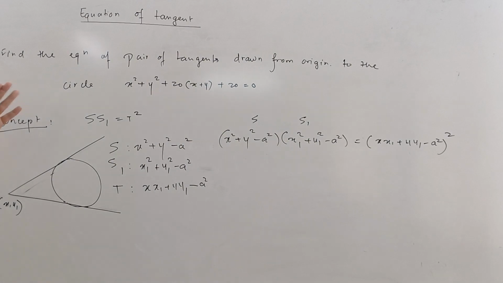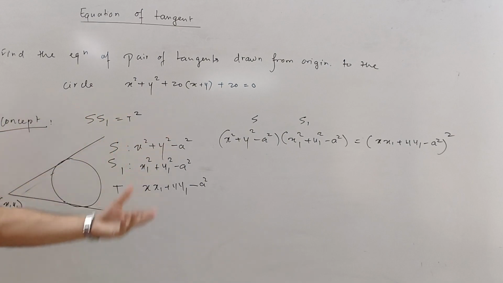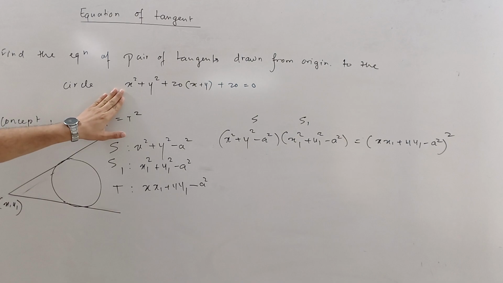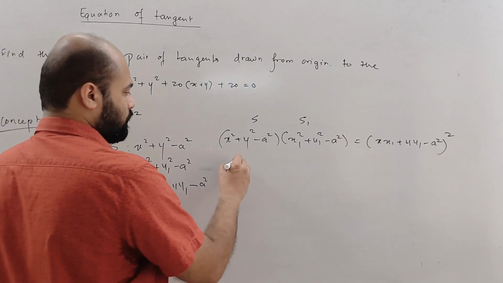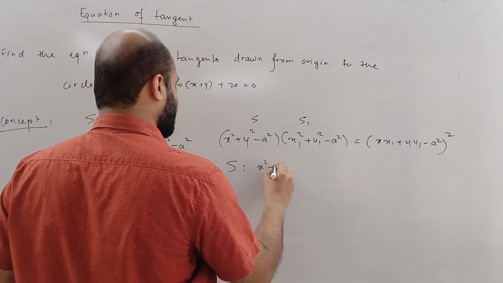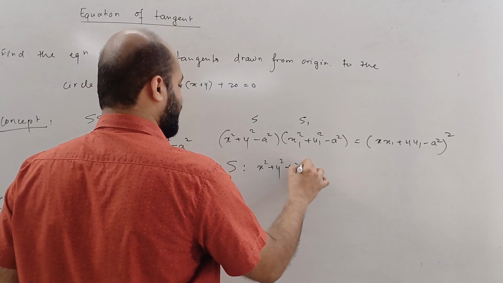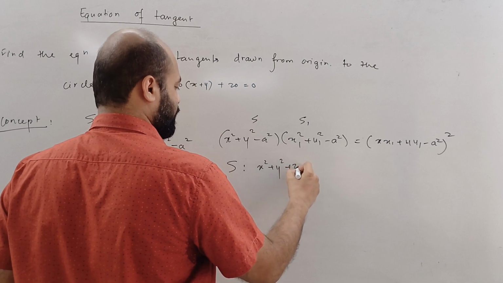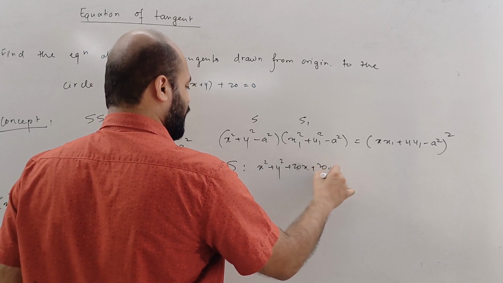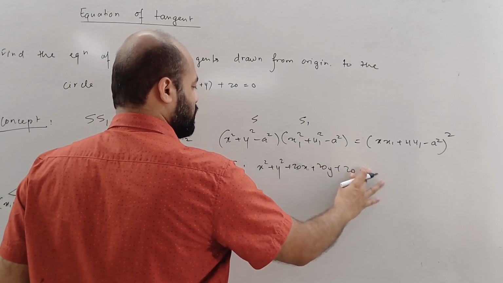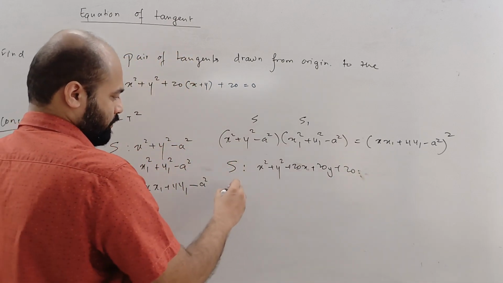Now over here in this, we have a similar kind of thing. But if I have to write the same format over here in this part, then it will be written in a slightly different way, because we know that this is the equation of the circle now. So S for us will look like this: x square plus y square plus 20x plus 20y plus 20 equals 0, this is the expression.